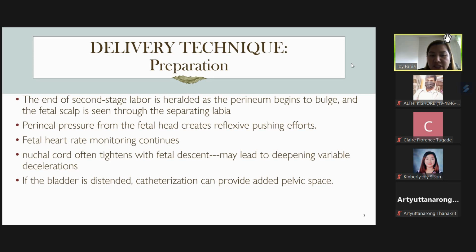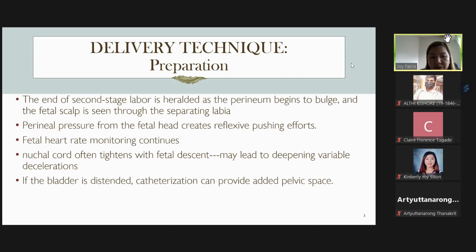And the fourth stage of labor is the postpartum period. So the end of the second stage of labor is heralded as the perineum begins to bulge and the fetal scalp is seen through the separating labia. So there is a perineal pressure from the fetal head that creates reflexive pushing efforts. So the mother will push once she feels the perineal pressure caused by the fetal head.